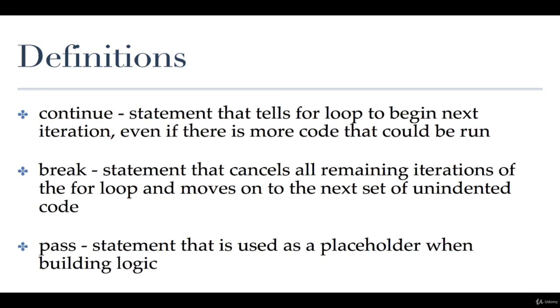If you're building out complex logic, doing things one at a time, and you want to be able to catch some information but you don't want to build out the logic around it, you can use the pass statement, which simply allows you to say, okay, it was caught, but I'm not going to do anything with this condition.